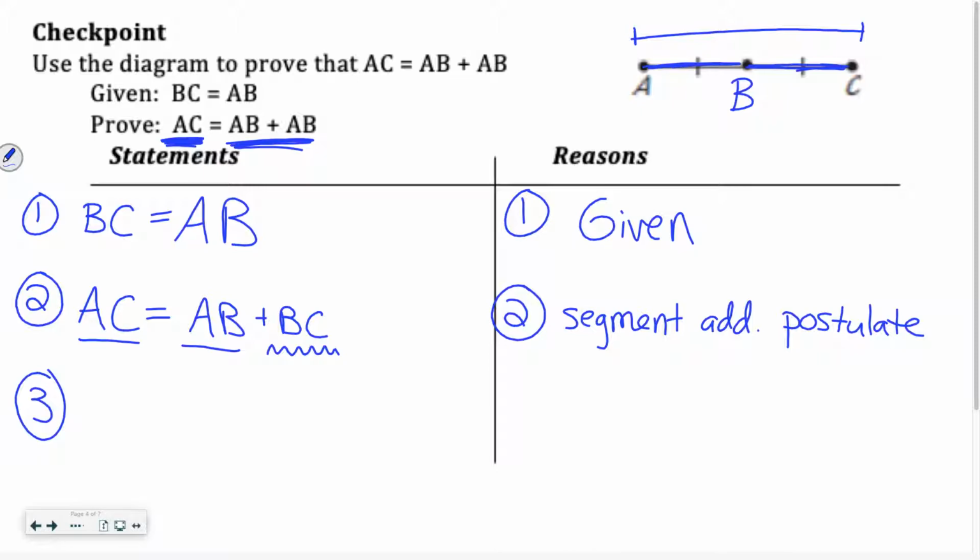So can we somehow change that BC into an AB? And can you think of a reason why? If BC equals AB, we can just use substitution. So we're just replacing the squiggly part with AB because BC is equal to AB. So this is substitution.